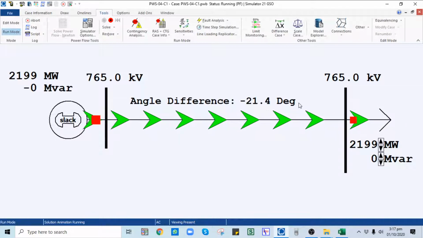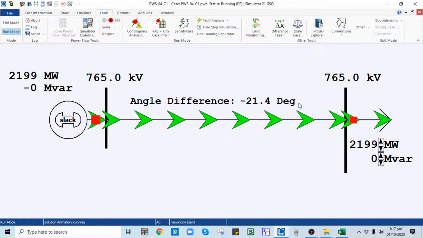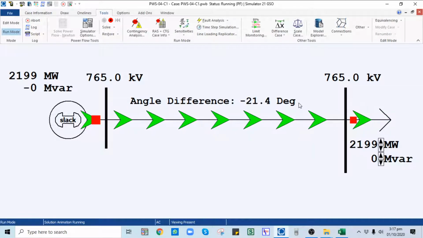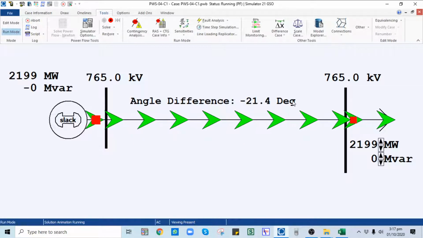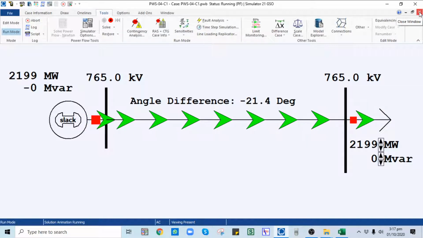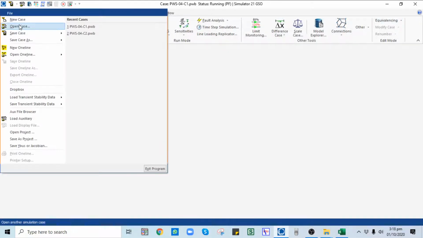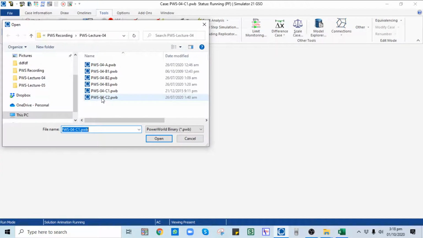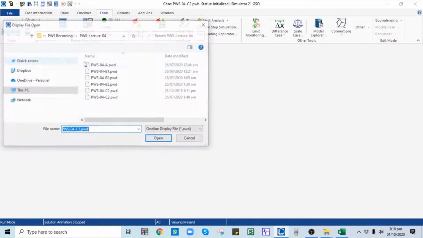Similarly, in order to increase the power handling capacity of a transmission line, what we do is that we add a series capacitor with the transmission line, and the net power through the transmission line is increased. So to see this effect, open a case, the last case of our fourth lecture, and similarly open a one line diagram.